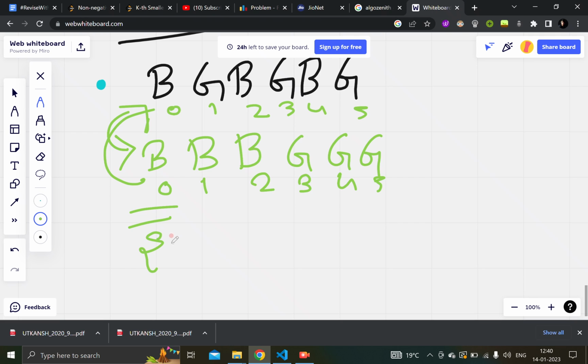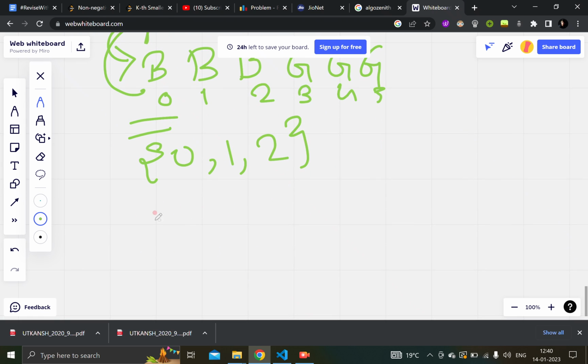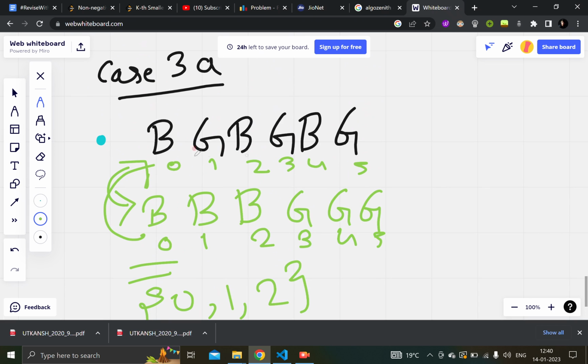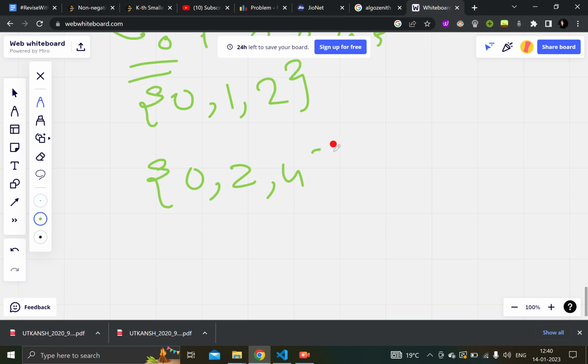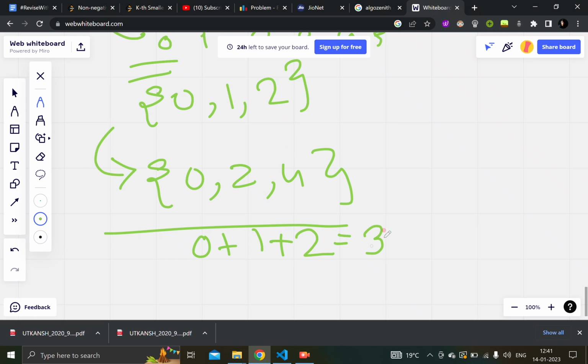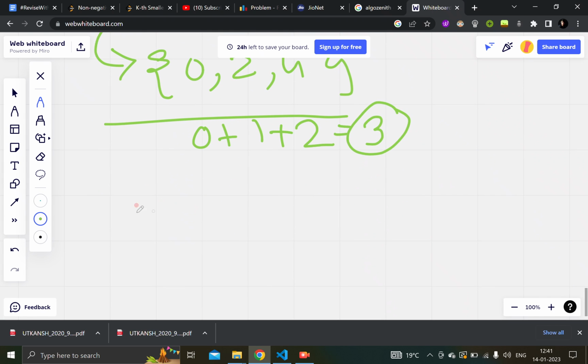In the old arrangement, the positions of boys were 0, 1, 2, and in the new positions, I mean the final string, the indices of the boys are 0, 2, and 4. So how many swaps do we require to take this arrangement to this arrangement? You have to calculate this only, basically. It will be 0 minus 0, 0, then take the difference, it will be 1, and again take the difference, it will be 2. So in total we need 3 swaps, right? So it is the answer of case 1A.